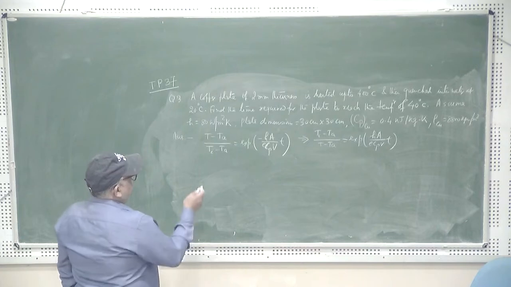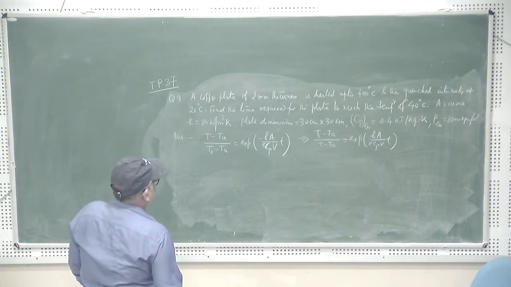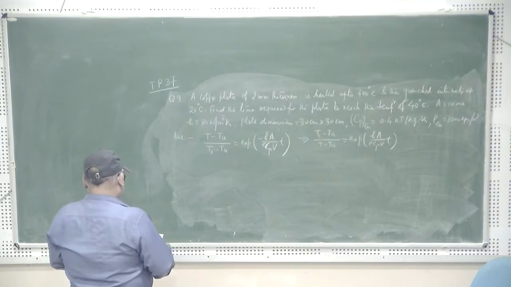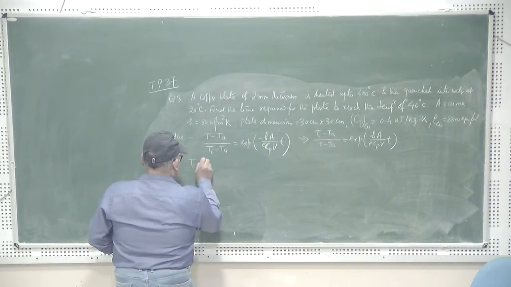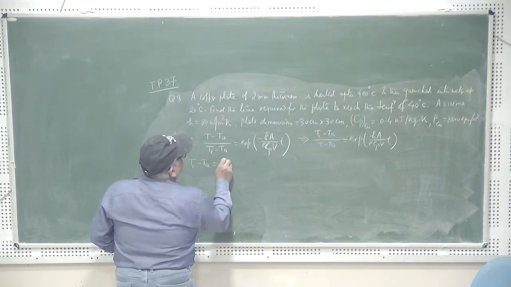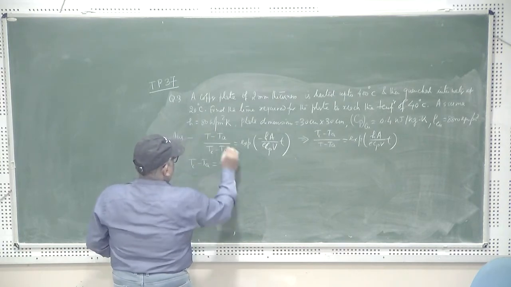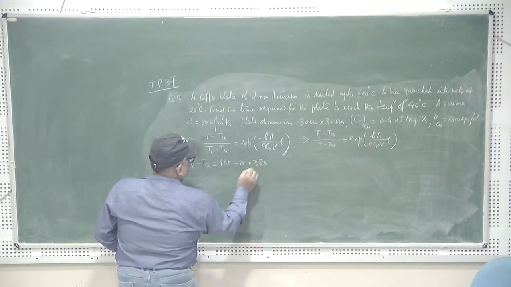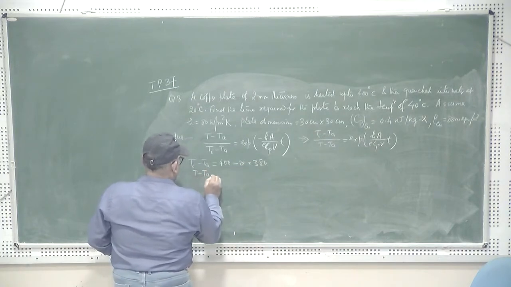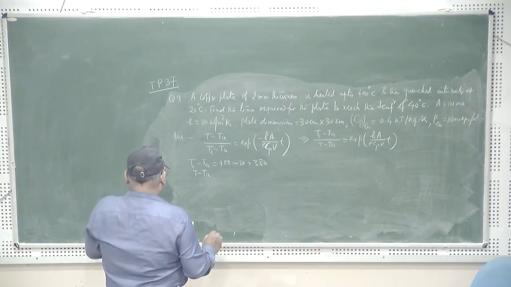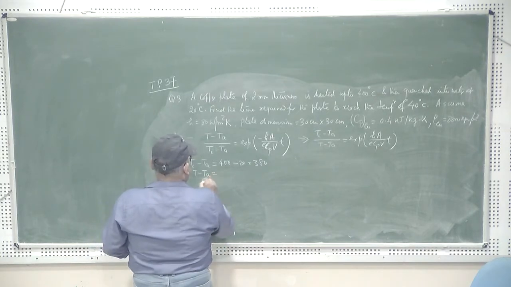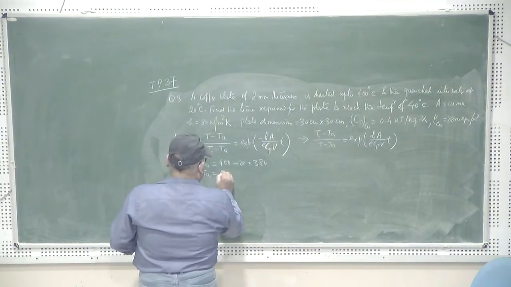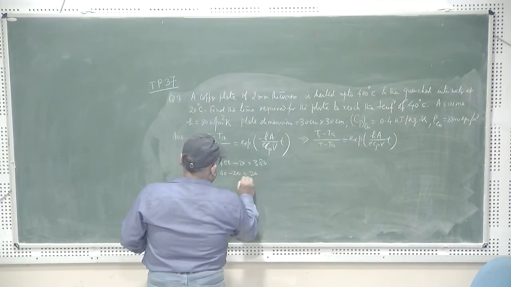Now Ti minus Ta is equal to 400 minus the water temperature 20, so this is equal to 380, and T minus Ta is the required temperature 40 minus 20, that is equal to 20.